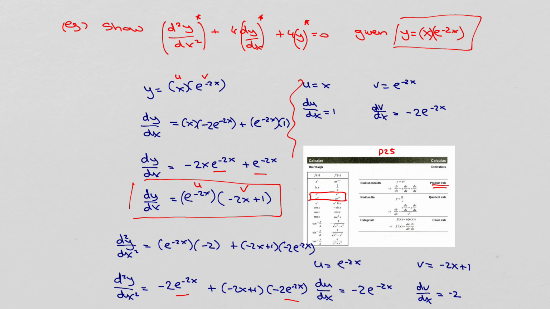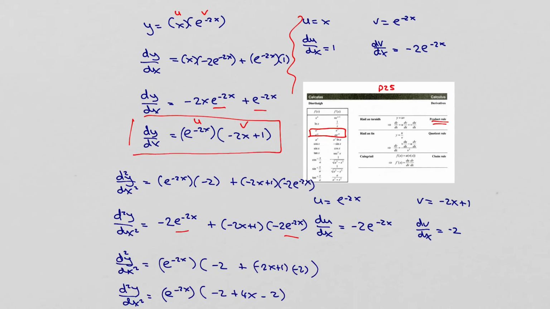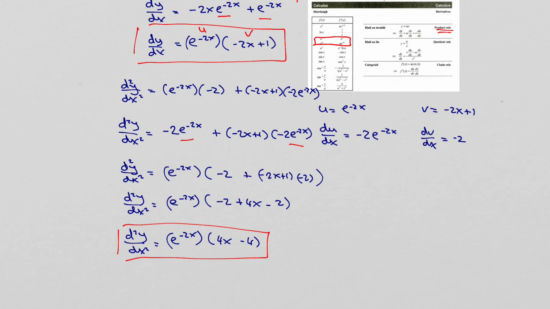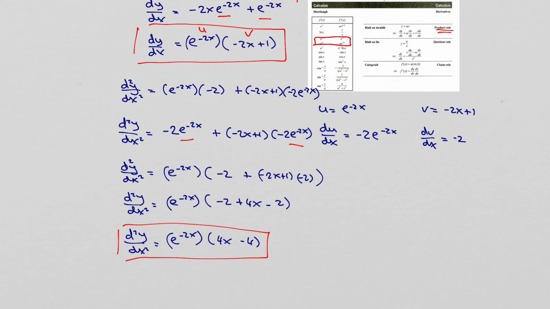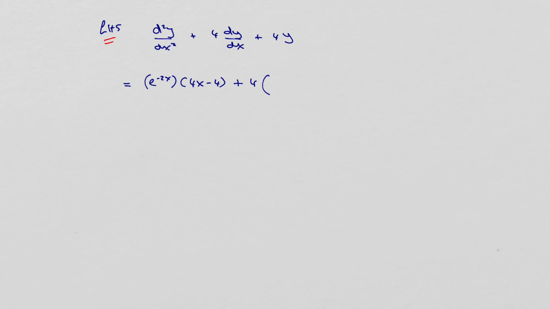So my second derivative there we said was, if I scroll down, e to the minus 2x by 4x minus 4. And then I have 4 times the first derivative, which is e to the minus 2x times minus 2x plus 1.